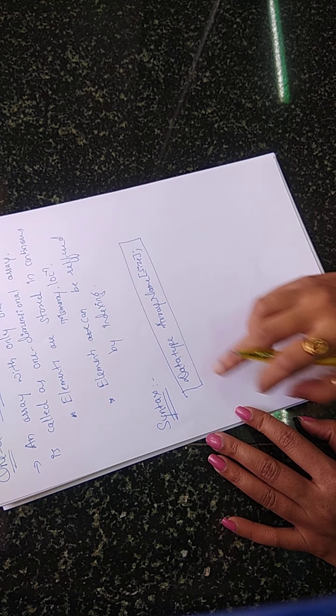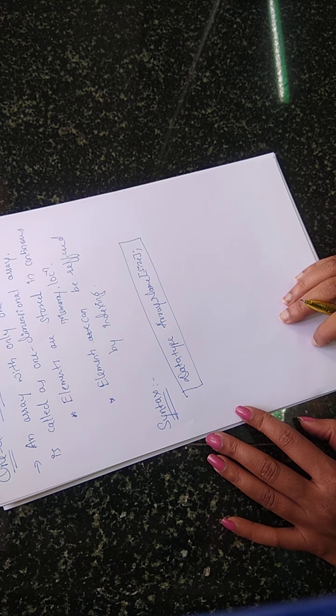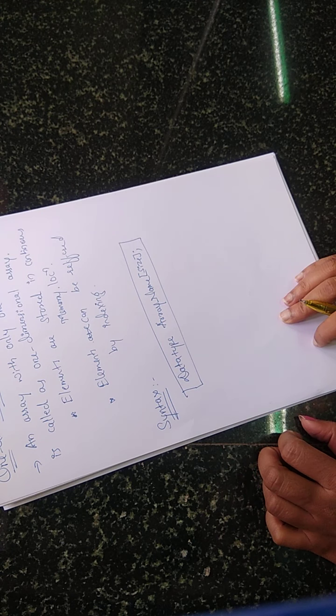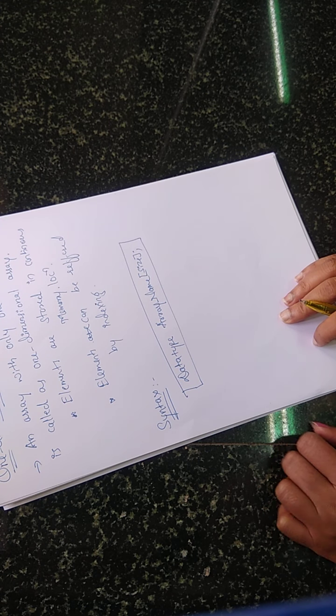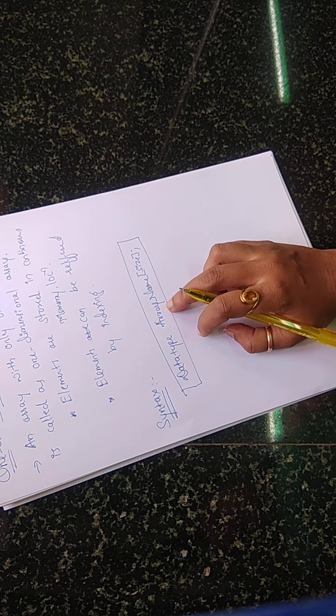Here data type is the type of value it can store, for example int, char, and float. Array name is any valid identifier name given to identify the array.